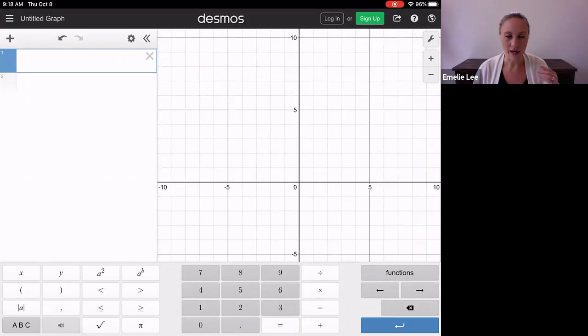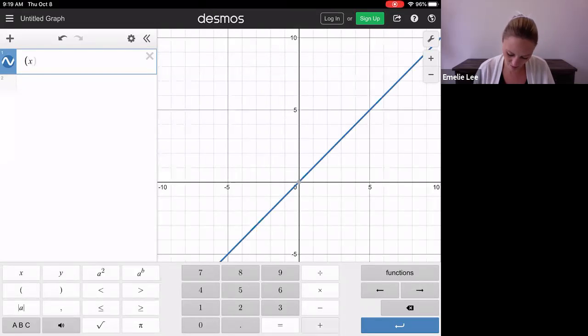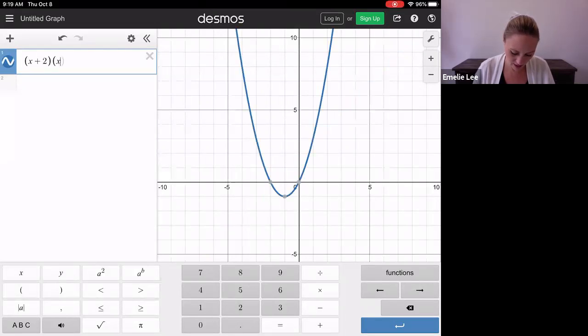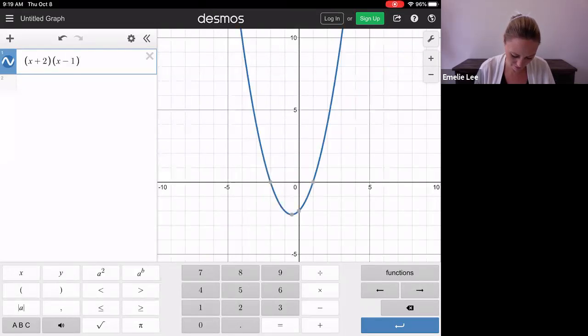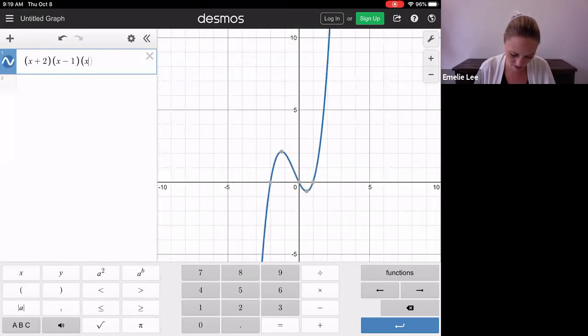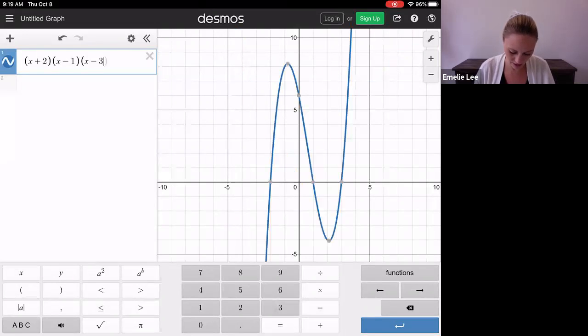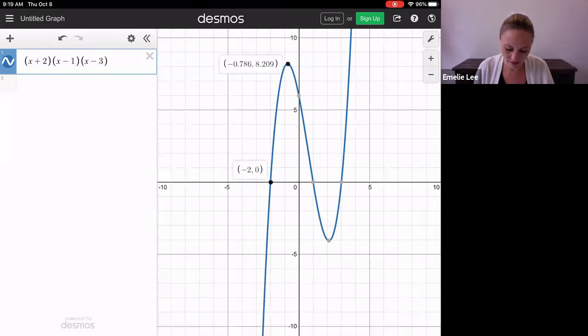And so I want to use the exact same expression that I had in the question. So the original expression was bracket x plus 2 and bracket times bracket x minus 1 and bracket times bracket x minus 3 and bracket. So what's nice and kind of fun is that if you click on these little points here, it gives you some points of interest, right?